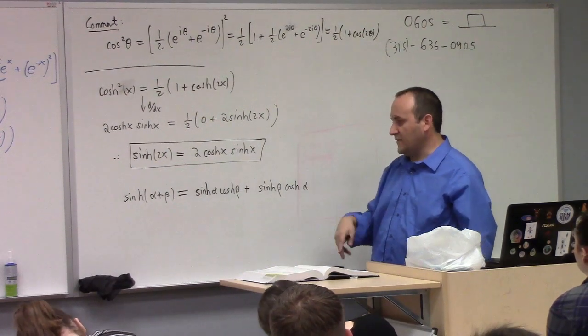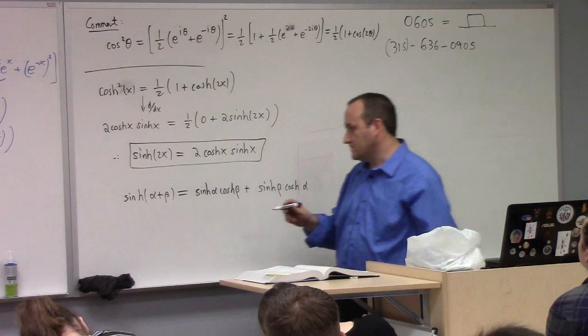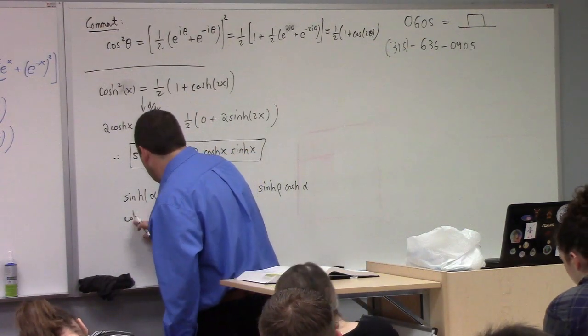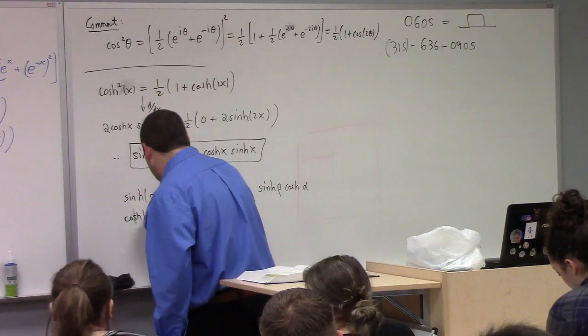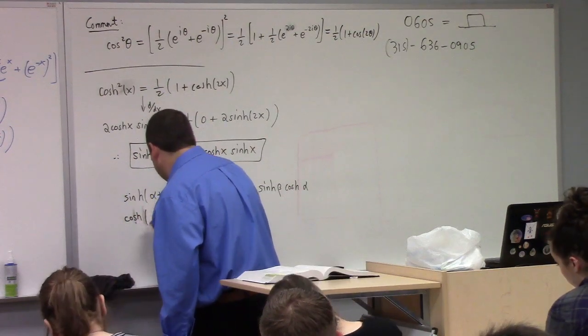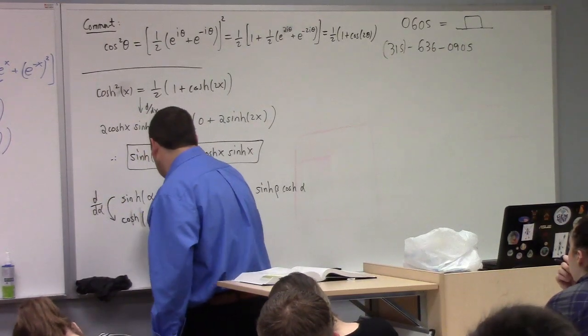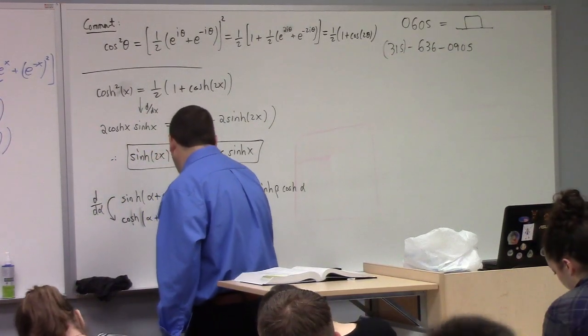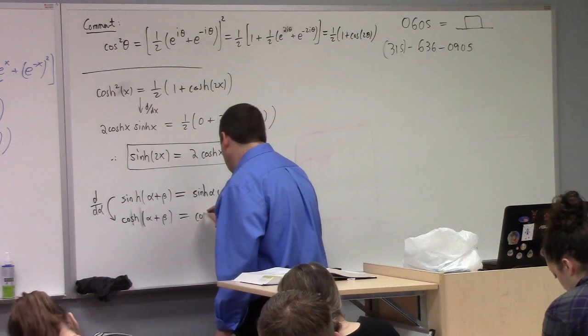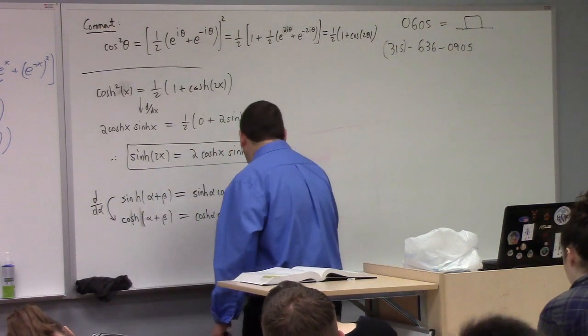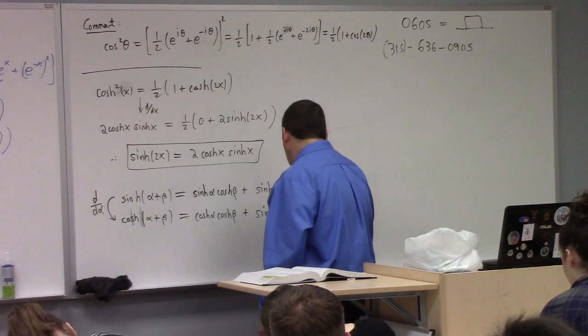And then what happens if we differentiate this? If we differentiate with respect to, let's say, alpha, we get cosh alpha cosh beta plus sinh beta sinh alpha.